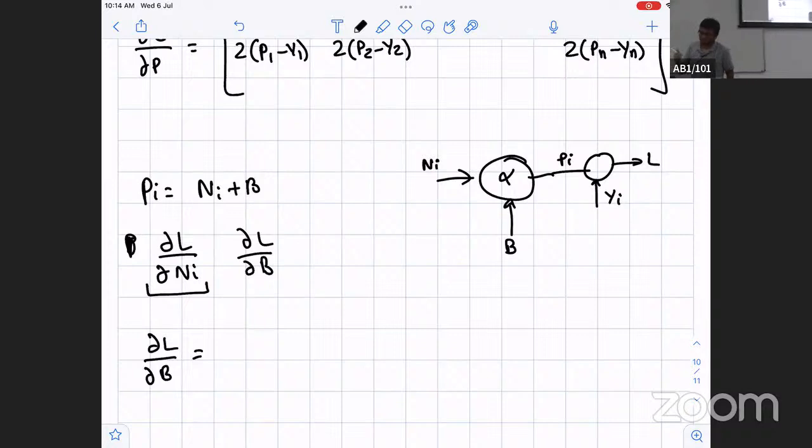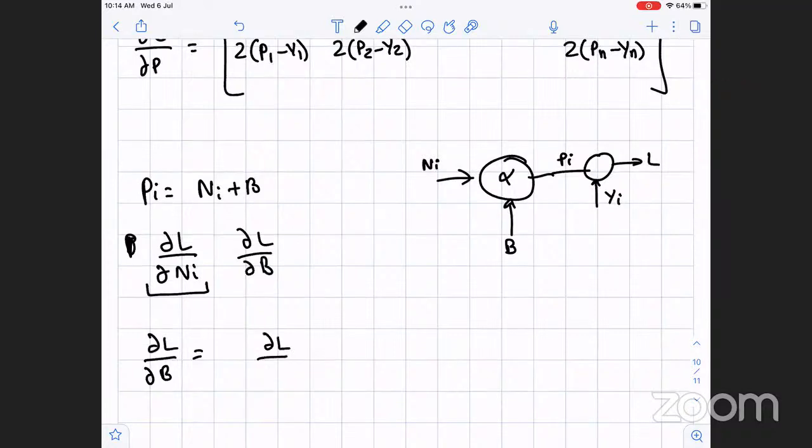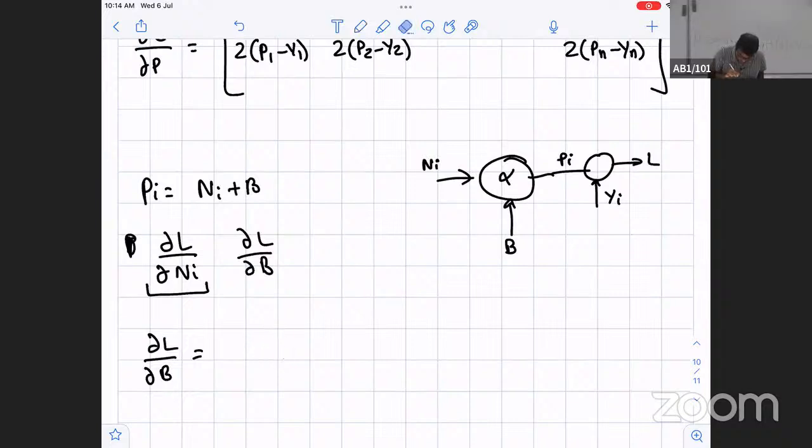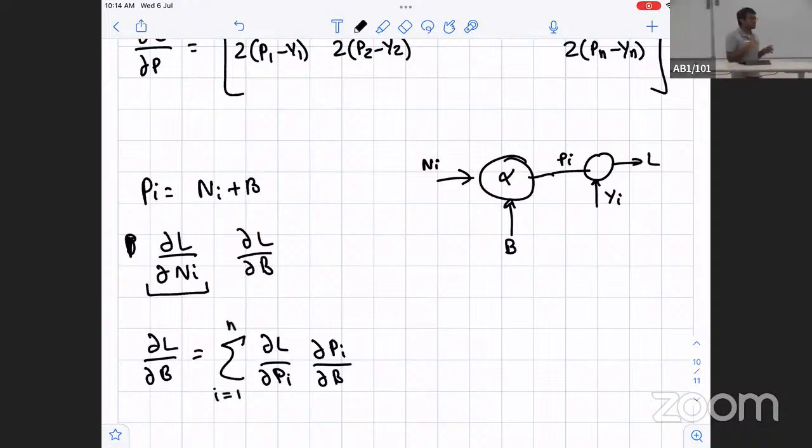Okay, so basically this is the idea. If I change b, I will see which of the p's change, and this is the summation over i going from 1 to n. Do you understand this? The first term is telling me, if I change b, what is the change seen in pi?